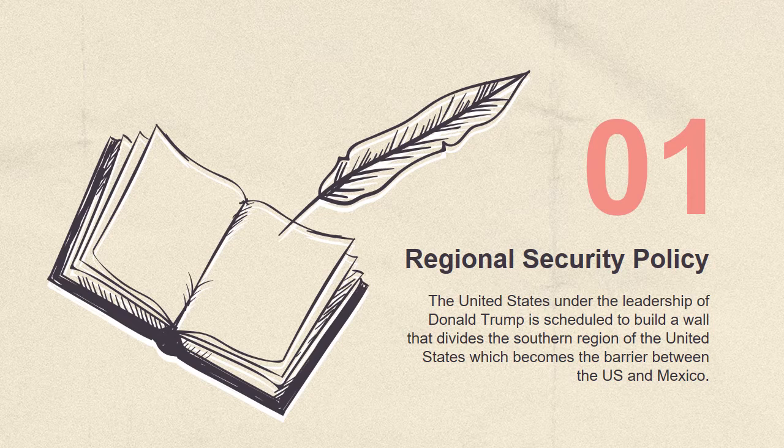President Donald Trump considers immigrants from Mexico, especially illegal immigrants, to only cause problems that can threaten national stability and security, especially in the southern region of the United States. Through his policies, Trump seeks to prioritize the people of the United States in the midst of global competition, especially with Mexican immigrants.